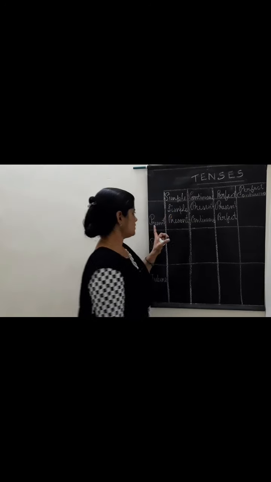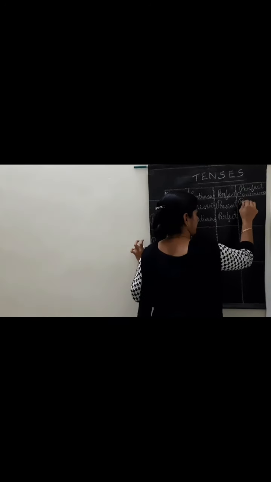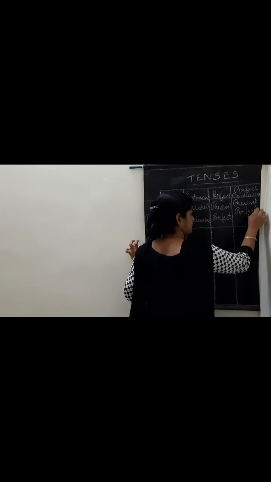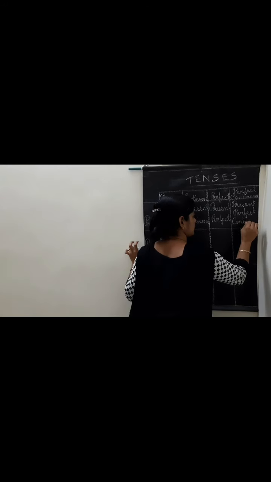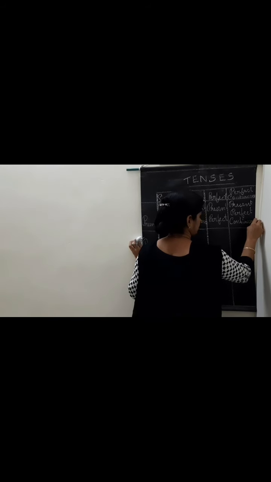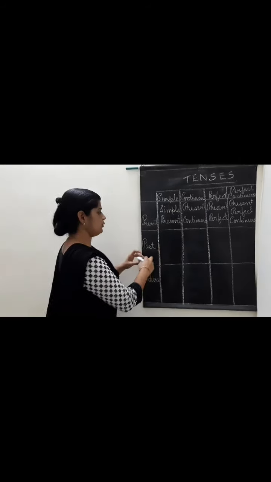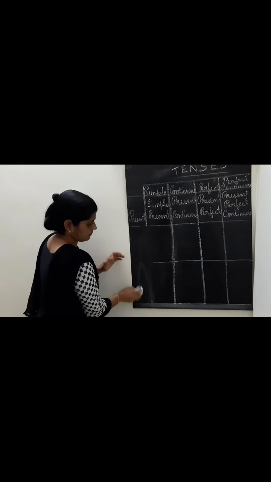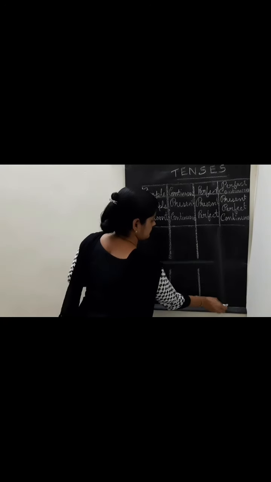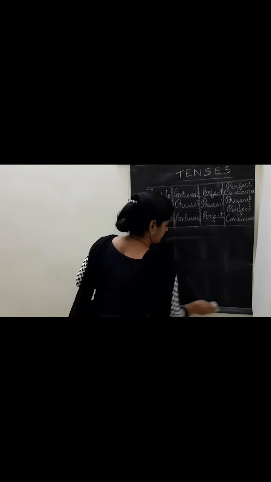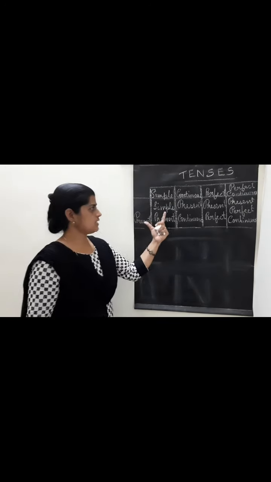And the fourth one is present perfect continuous. So to begin with, today we look into the present form. Okay, now we look into each form in detail.